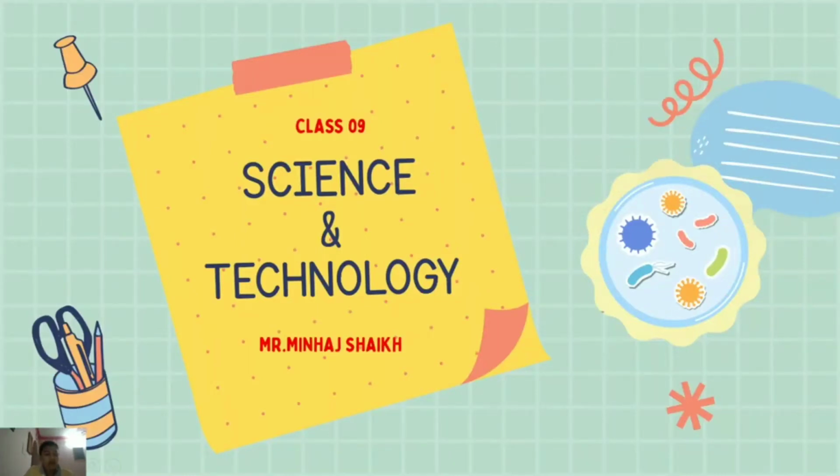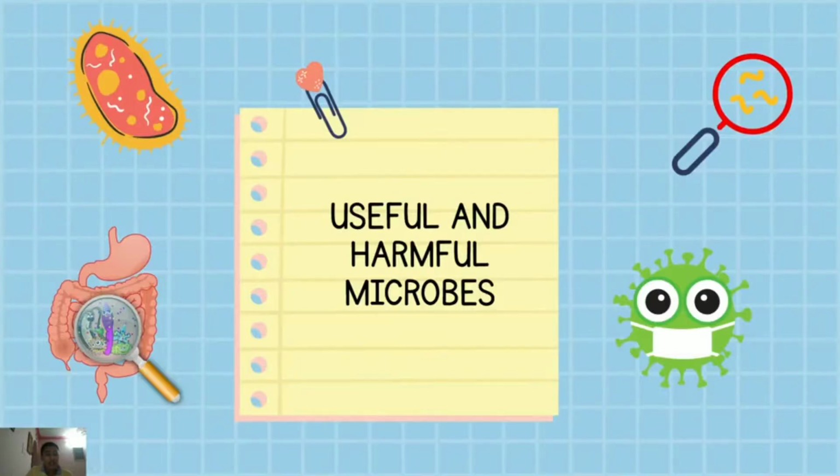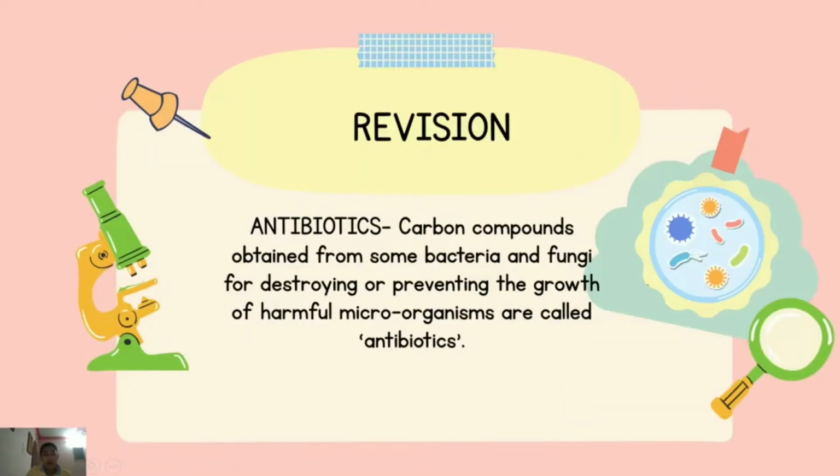Okay, we are learning chapter number 8, that is useful and harmful microorganisms. In the previous lecture, we have studied one of the applications of useful microorganisms, that was the production of antibiotics. So we have seen what an antibiotic is.